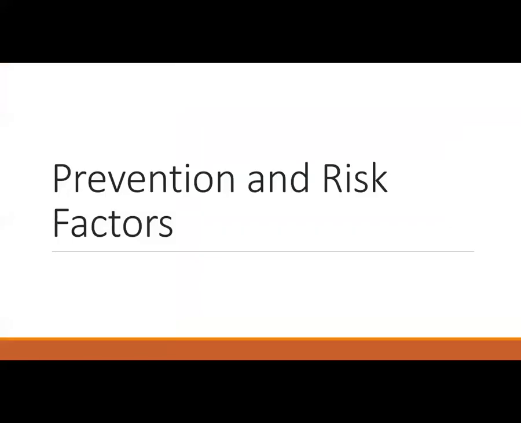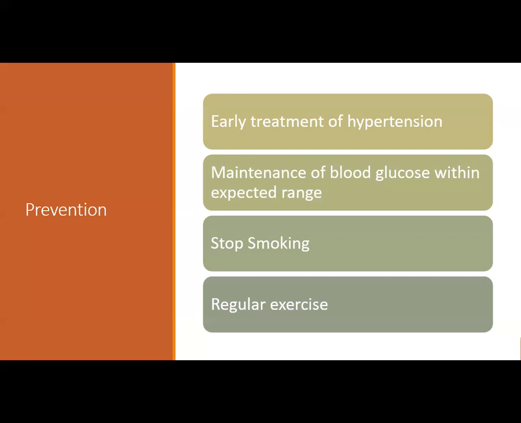Okay, so our preventions and risk factors. For our preventions, it would be things like early treatment of hypertension, watching our blood glucose, not smoking, and regular exercise. All these things can help you prevent yourself from getting a stroke.